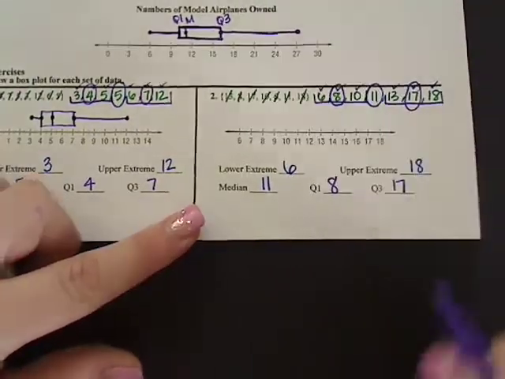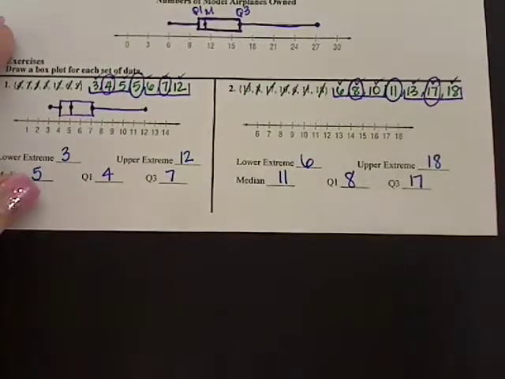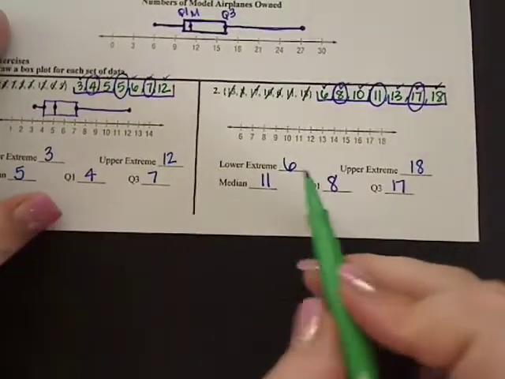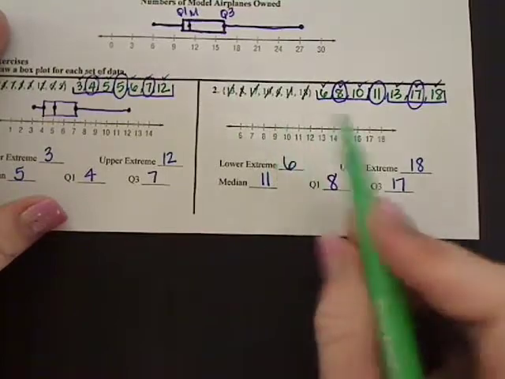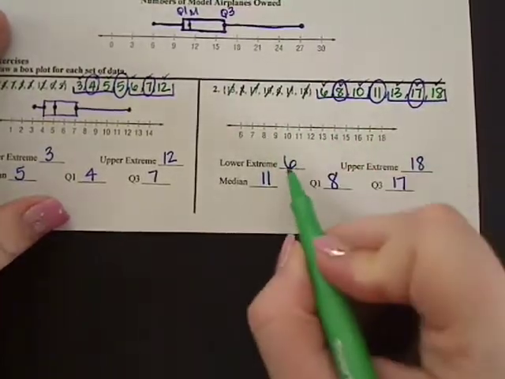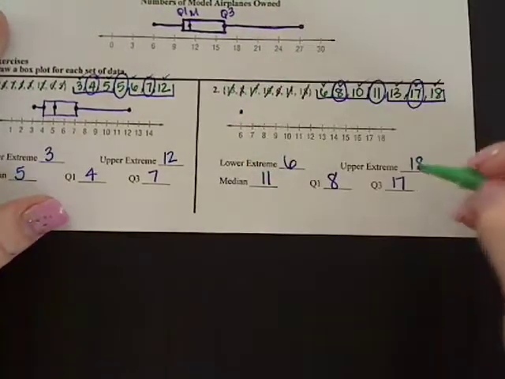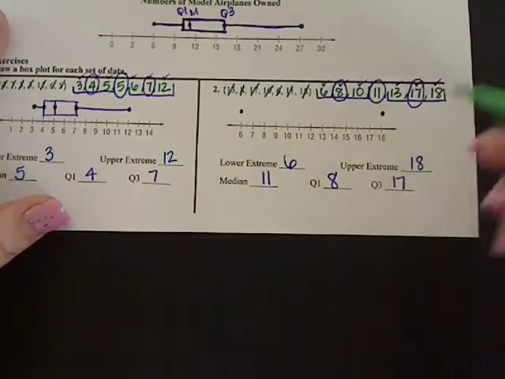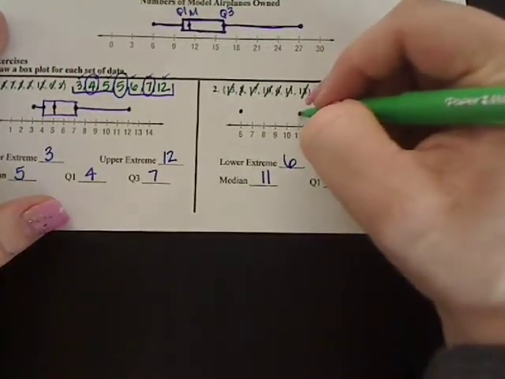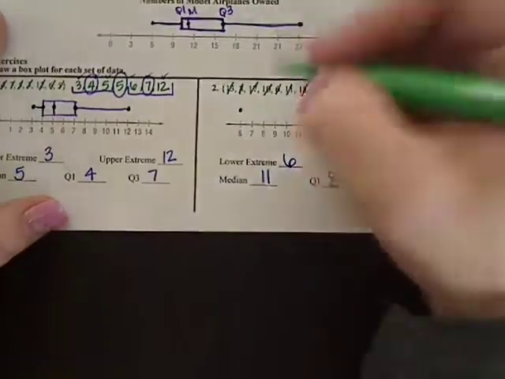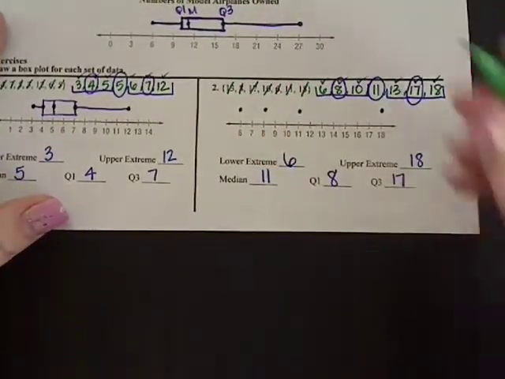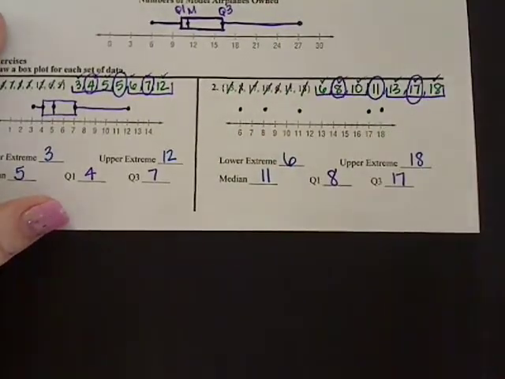That's 17. Now that I have all 5 of my data points, I can go ahead and graph them on the number line. So I'm going to have a point above 6, one above 18, one above 11, one above 8, and one above 17.